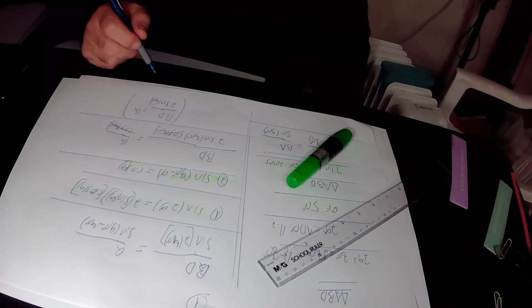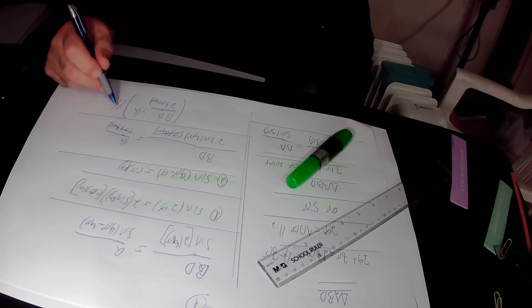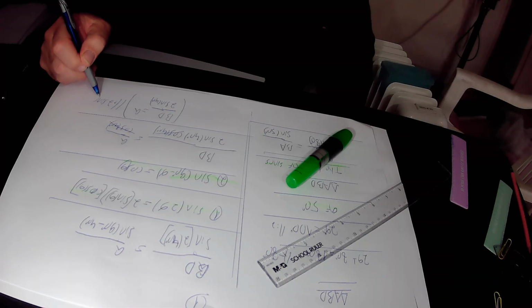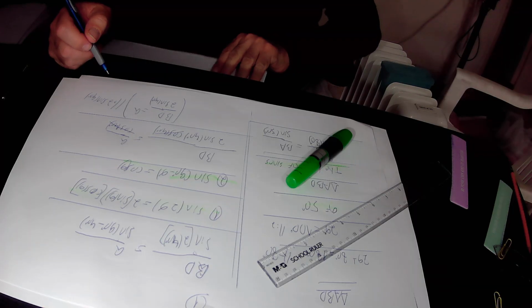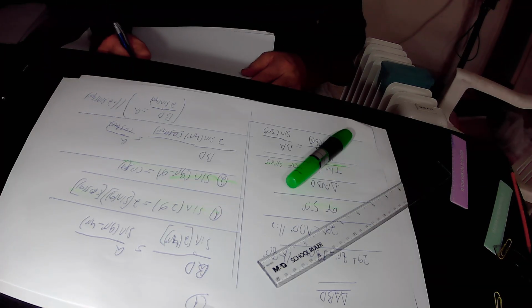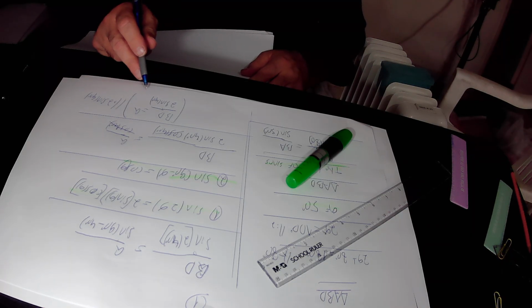Here we will multiply this equation by 2 times sine 40 degrees. And we get that the missing side BD equals 2A times sine 40 degrees.